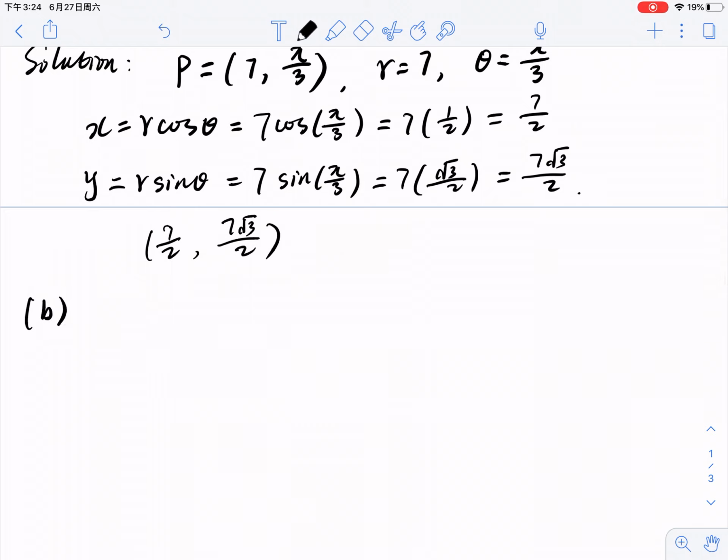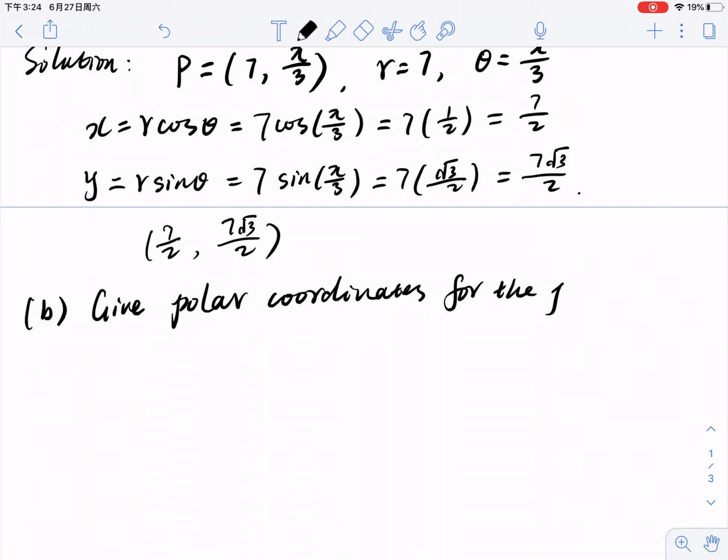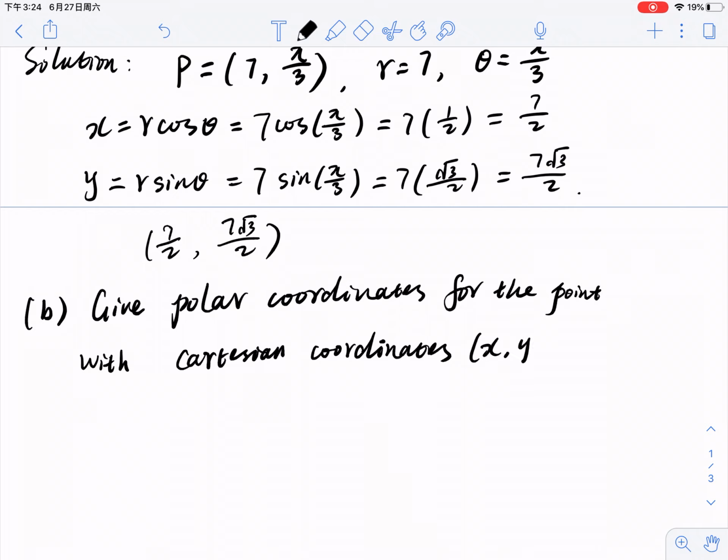The next question: give polar coordinates for the point with Cartesian coordinates x, y given by V is 0, -5.